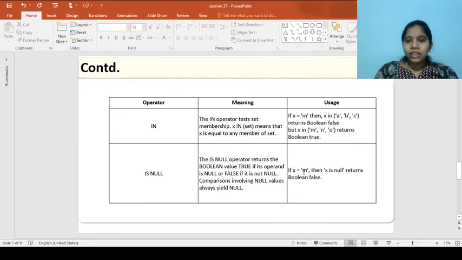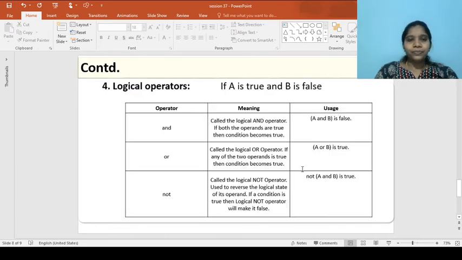X equals M. In this case, X IS NULL returns false because X is not empty. It has some value which is M. In this case, X is not null, hence it returns false.